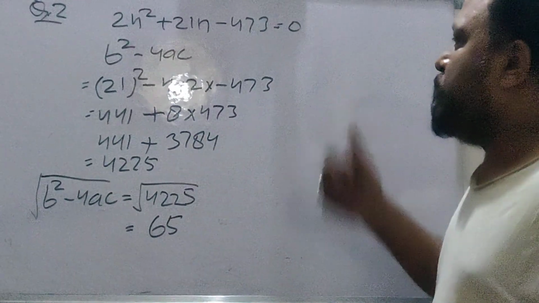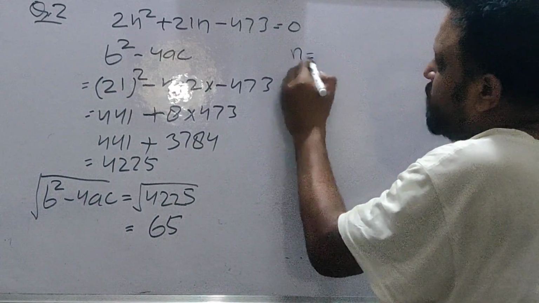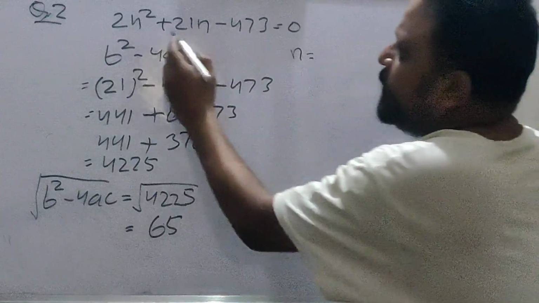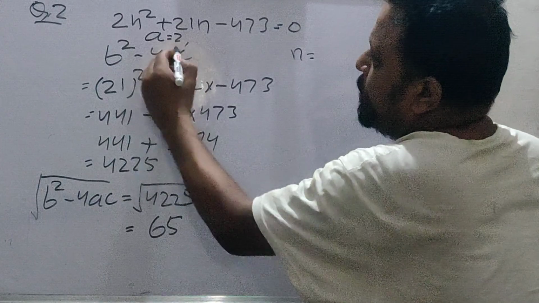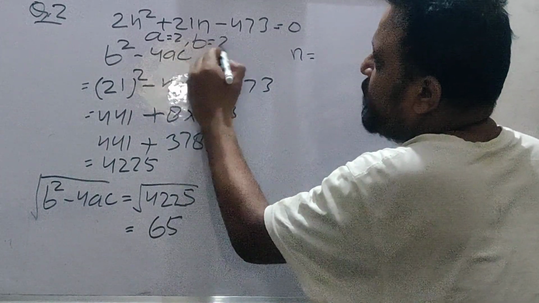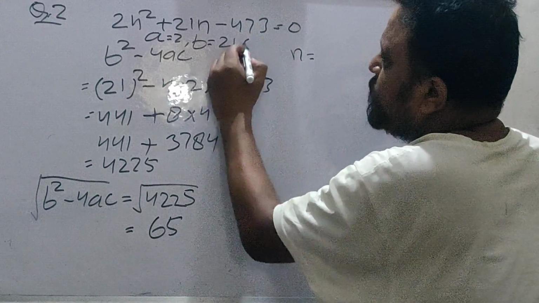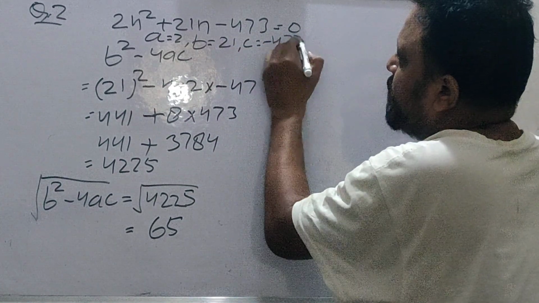Fine. So now here we can write a is equal to 2, b is equal to 21, and c is equal to minus 473.